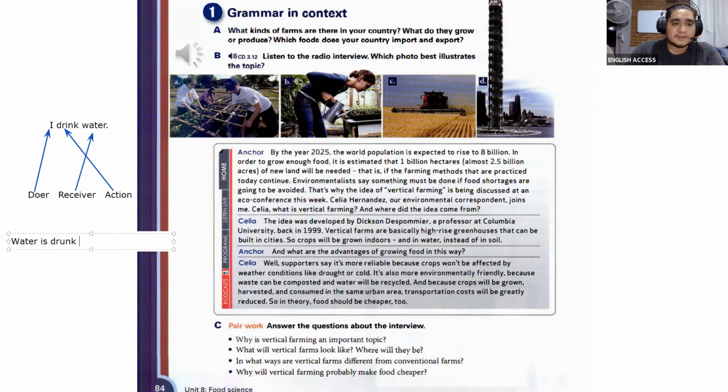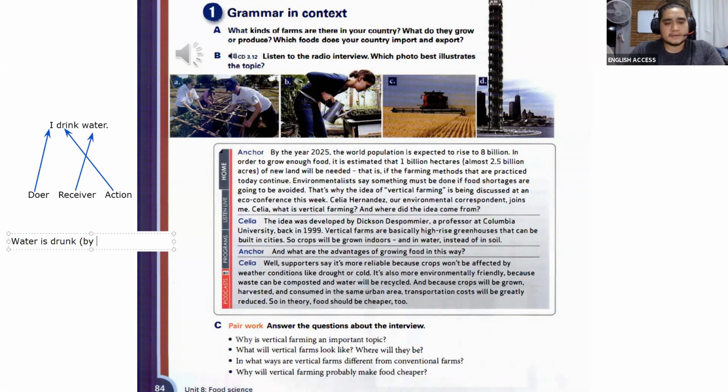So water is drunk. Now, something funny happens with the doer. If it is not important to introduce the doer, we don't have to put it. In this case, water is drunk. You can introduce the subject, the doer of the action, with this preposition by.